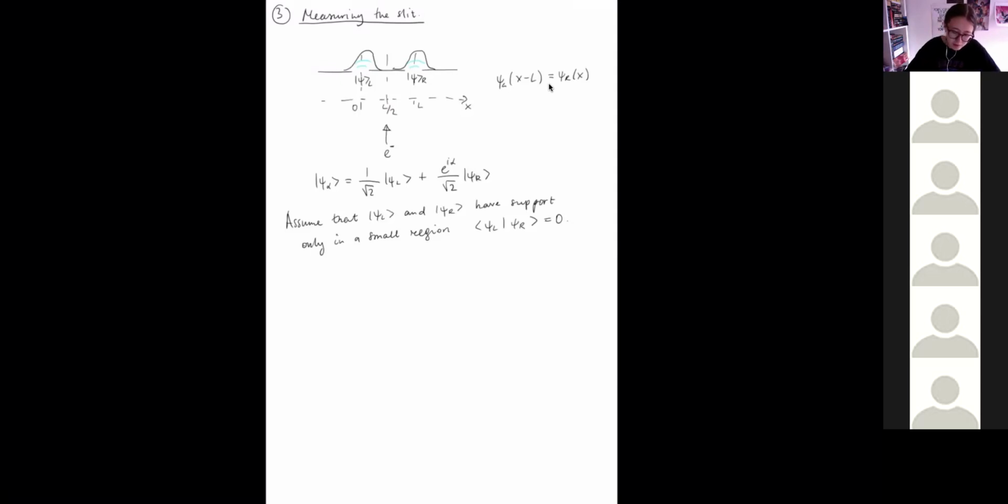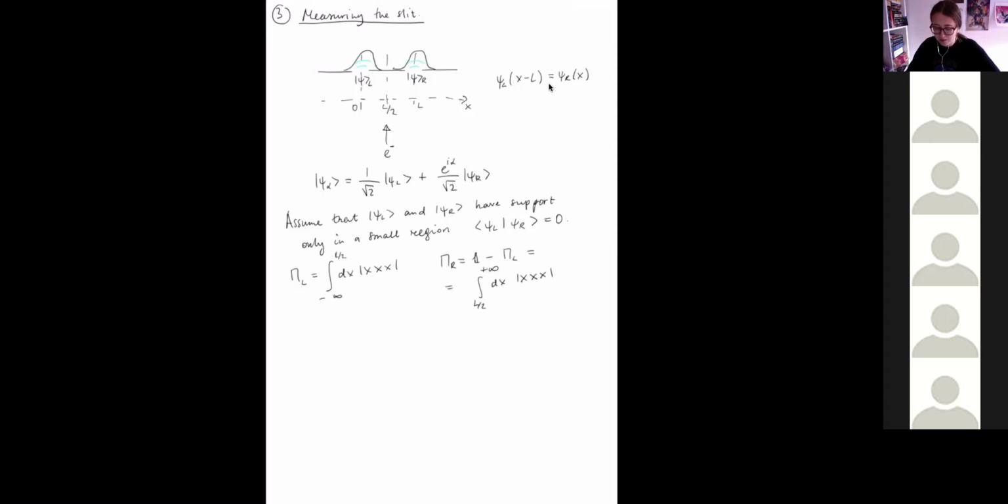And then what we will also need are two projectors, PL and PR. PL is the integral from -infinity to L over 2 dx |x><x|, and PR is identity minus PL, which will be just the integral from L over 2 to +infinity dx |x><x|.